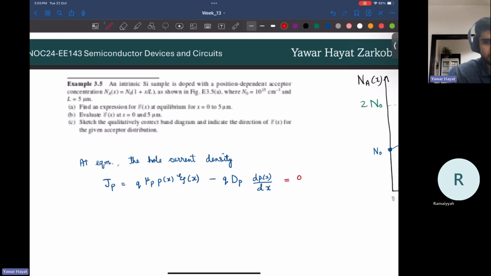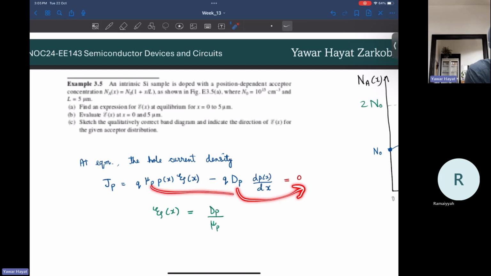So you can quickly do the algebra and figure out that your E of x is given by D_p by mu_p, right? This would go here and mu_p would go down. What else? I guess there would be your p of x, right?